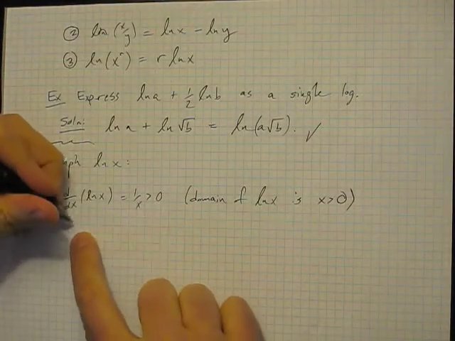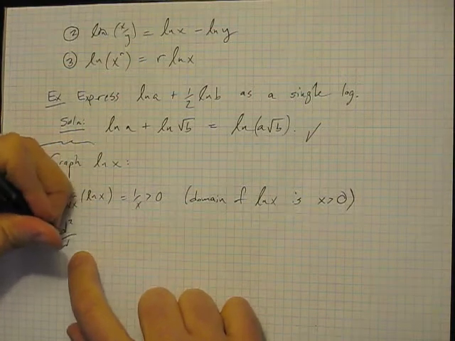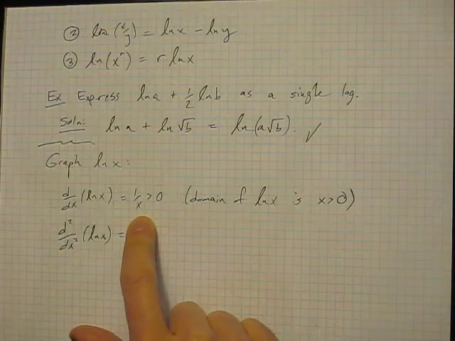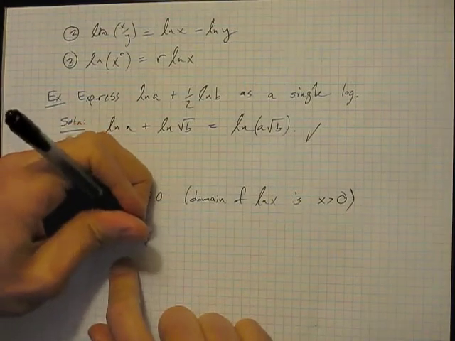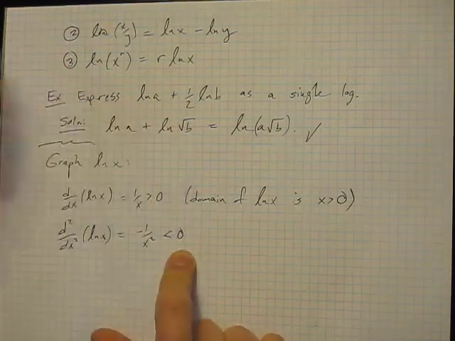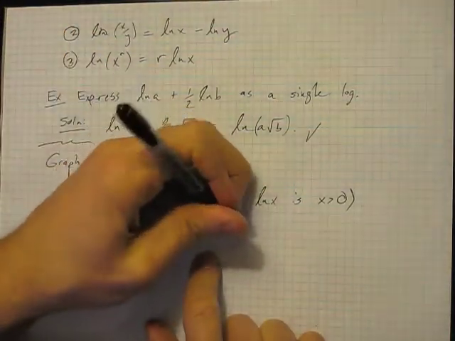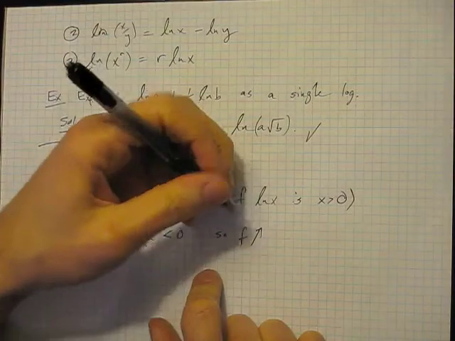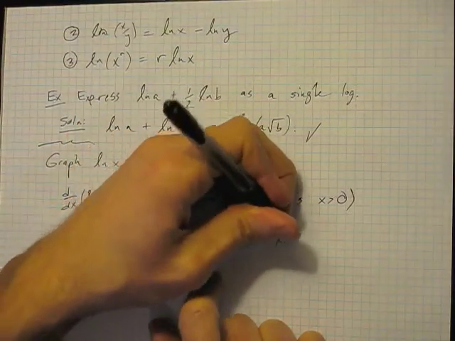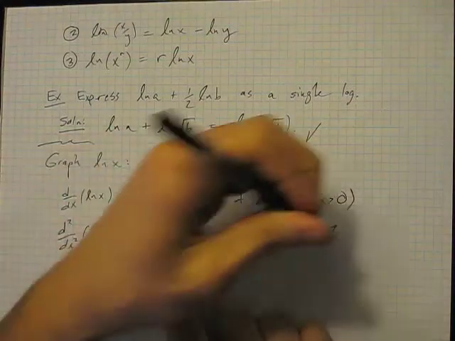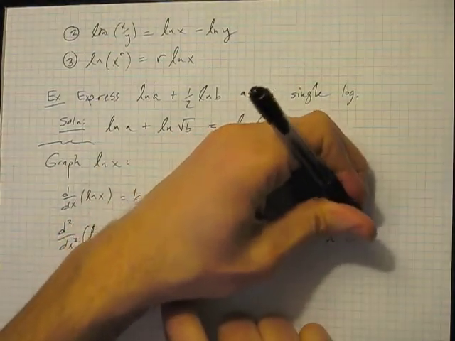The second derivative of log x is the derivative of the derivative, so that's minus 1 over x squared, and this is always negative. So what does this tell you? The first part tells you that log x is increasing, and the second part tells you, since its second derivative is negative, it's concave down.